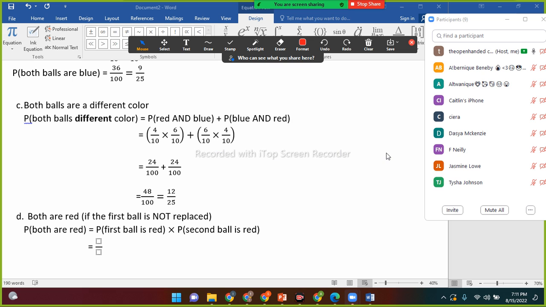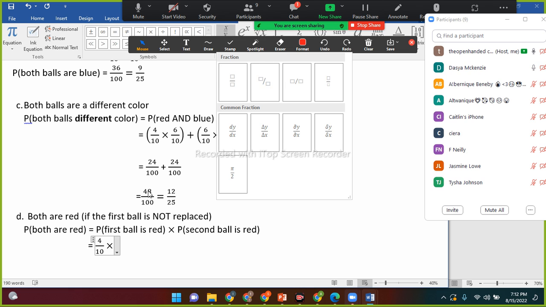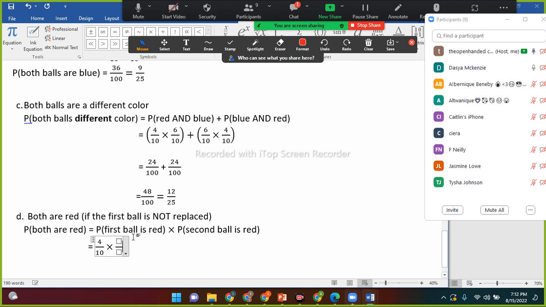Okay, Sierra, what's the probability of the first ball being red? 4 out of 10. 4 over 10, very good. Deja, what's the probability that the second ball is red? 4 over 10?